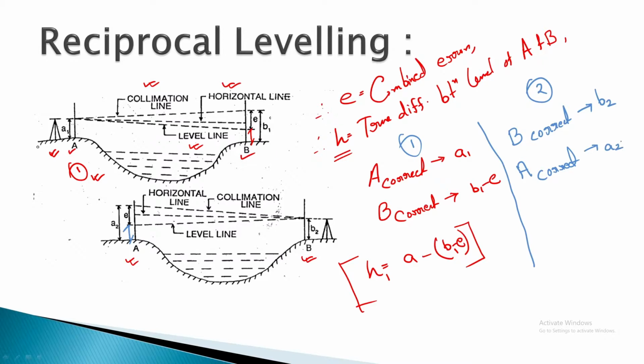So what will be the value of H2? H2 is the difference between the levels of A and B, so H2 will be A2 minus E minus B2.